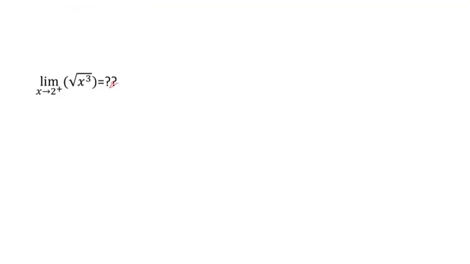So again, as x is approaching 2, so I have 2 here. This is the x-axis. So 2 plus, which means it's to the right, in this direction, which means x is greater than 2.